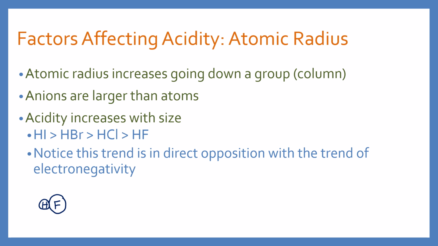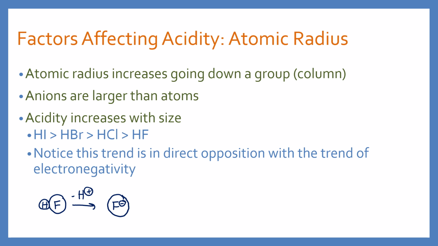If we were to remove the hydrogen to leave behind F minus, F minus would be a little bigger than fluorine itself when it's part of a compound. So F minus has one additional electron that's going to contribute to the electron cloud. This negative charge is spread equally across this surface, right? One negative charge spread equally across the entire surface area of the fluoride ion.